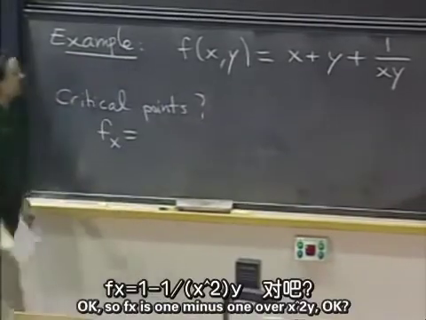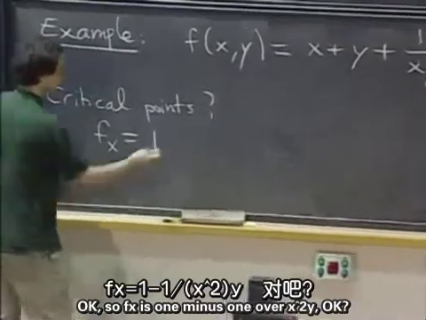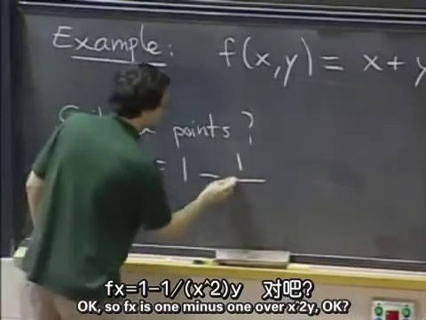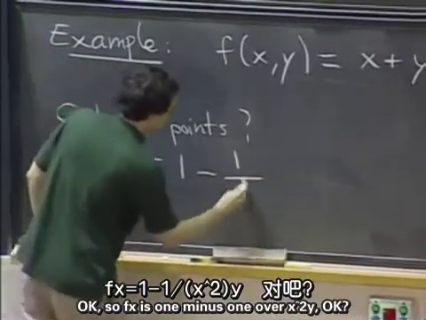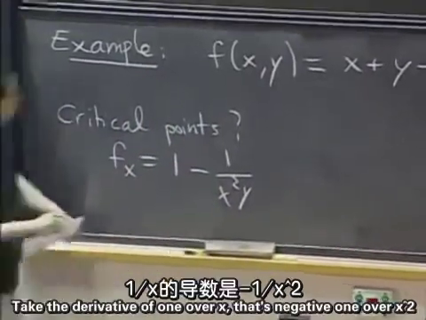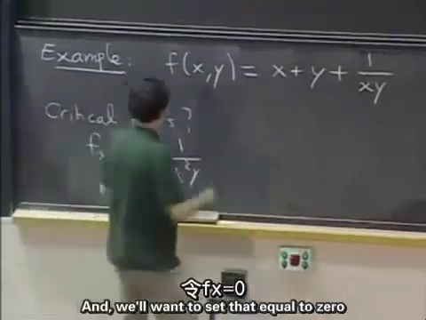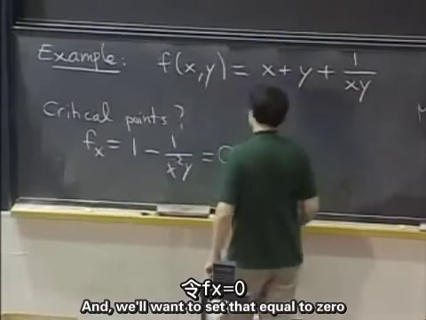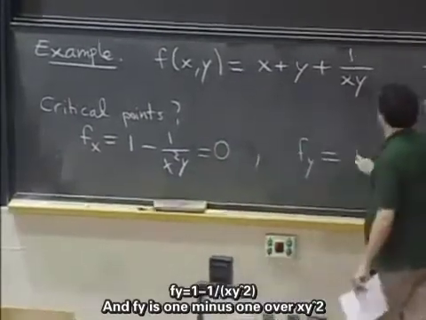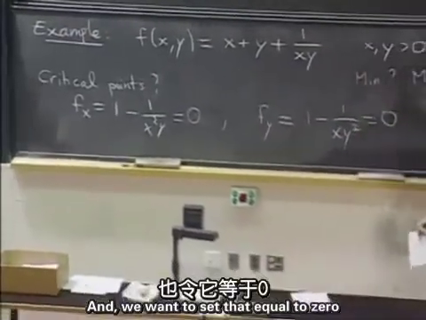Okay, so f sub x is 1 minus 1 over x squared y. Take the derivative of 1 over x, but negative 1 over x squared. And we'll want to set that equal to 0. And f sub y is 1 minus 1 over xy squared, and we want to set that equal to 0.